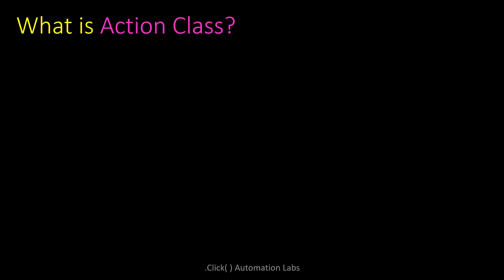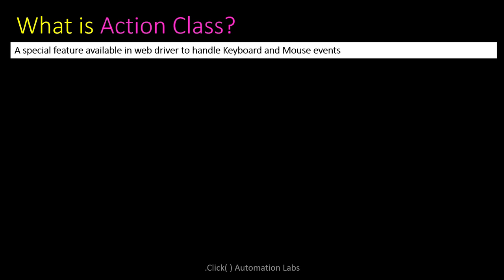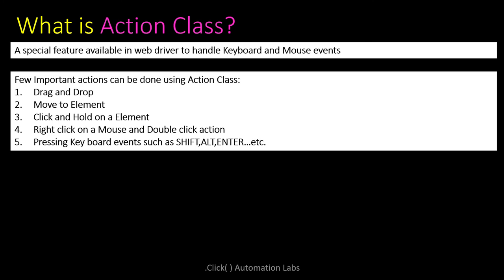So what is the actions class? It is a special feature available in WebDriver to handle keyboard and mouse events. If you would like to do any mouse events like scroll up, scroll down, or keyboard actions like shift, alt key, press enter, you can achieve these through the actions class. Below are a few listed actions that we can achieve using the actions class.